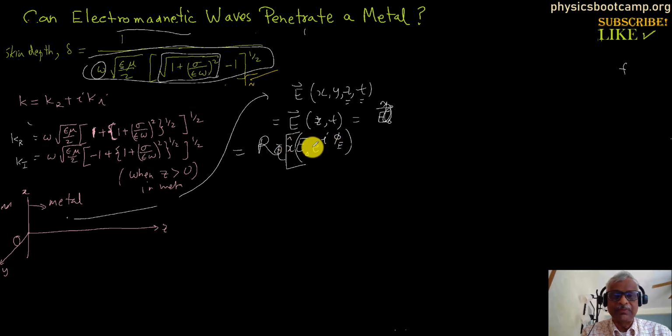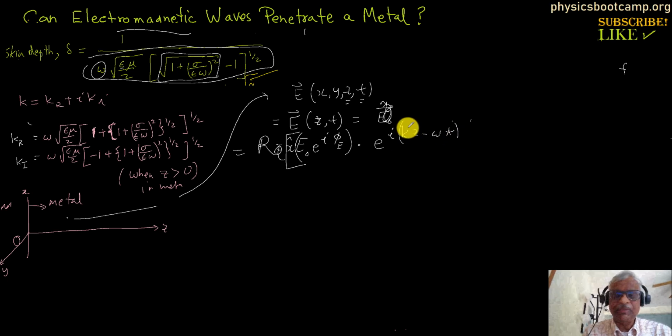So we have that, and then e to the power i k z, times e to the power minus i omega t, and we usually write this together. So let me write this together as I've done before: minus omega t.